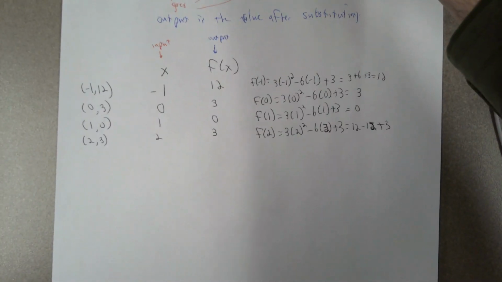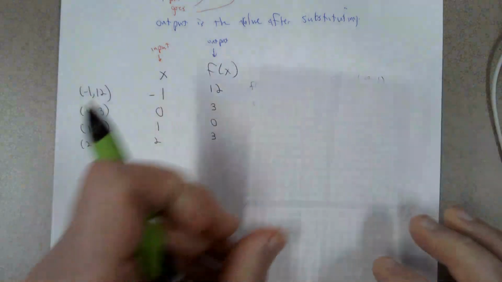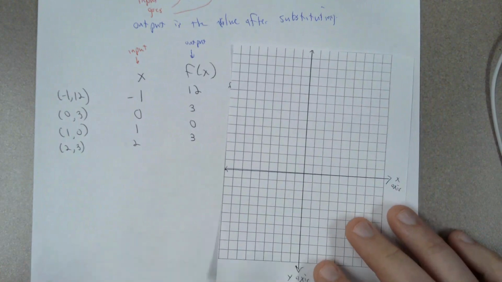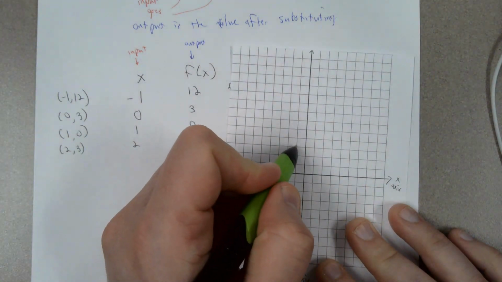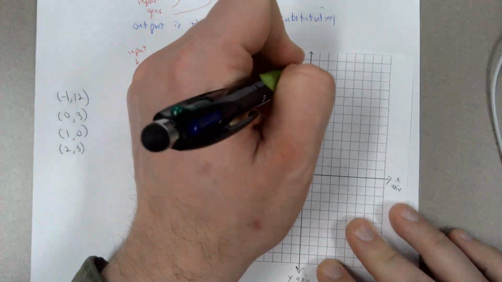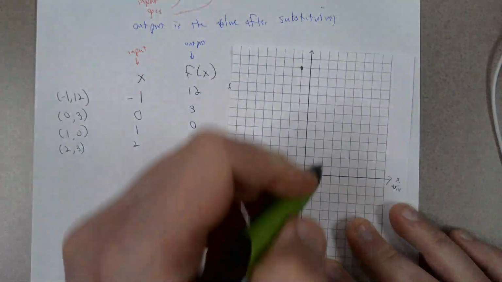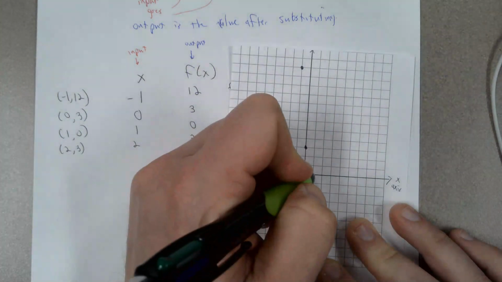Okay, so let's graph this function. Here I've got a little coordinate axes. So we had the point -1, 12. So 1, 2, 3, 4, 5, 6, 7, 8, 9, 10, 11, 12. We had the point 0, 3. We had the point 1, 0.